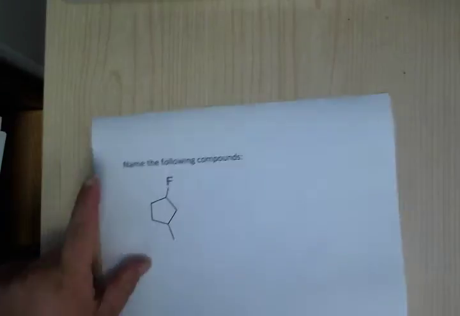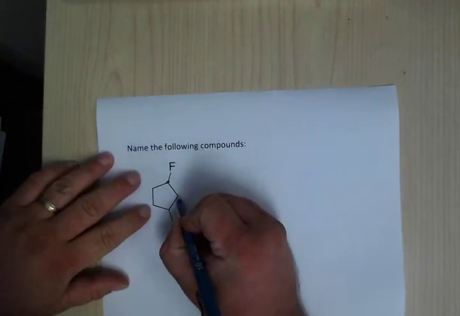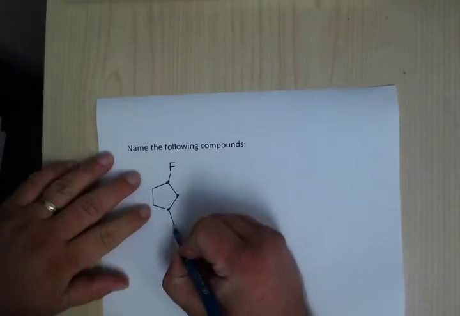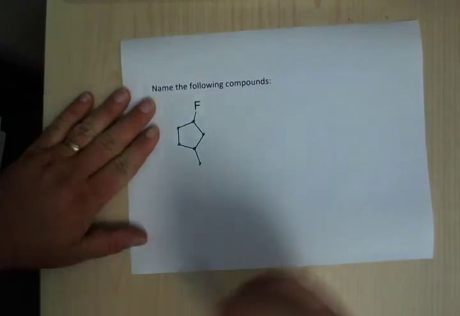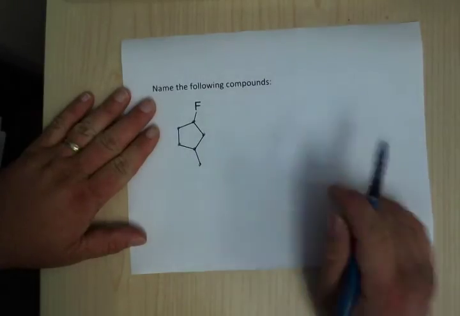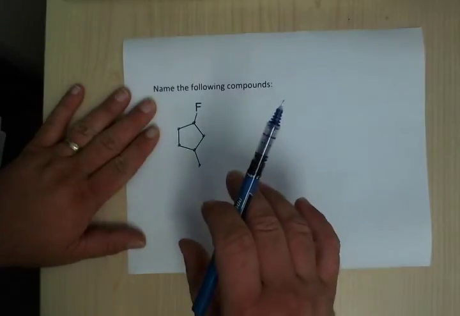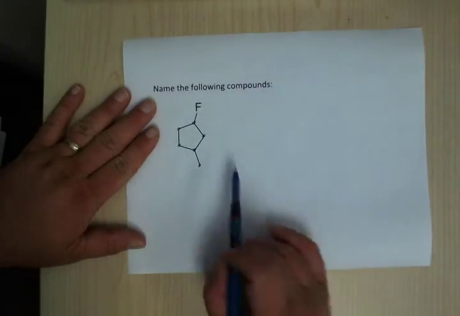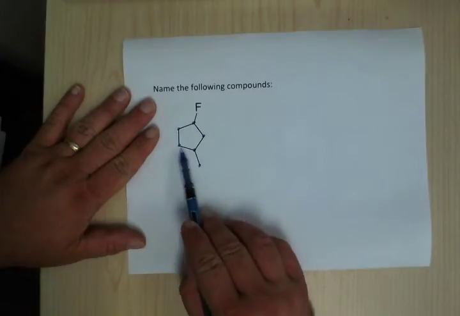Okay, so name the following compound. What you're going to do is put in your dots. Like that. So you come in here and say, you're either part of a straight chain or you're part of a ring. Here the straight chain is just 1. Right here it's 5 around.